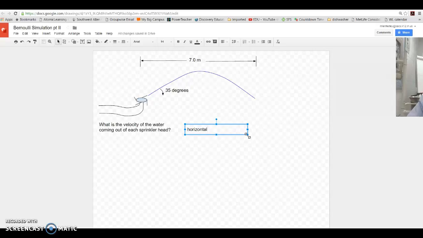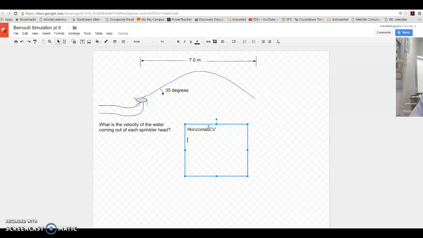Okay, so when we're looking at the horizontal motion, would that be constant velocity or constant acceleration horizontally? Hopefully you're saying, well, there's no force horizontal, so assuming there's no air resistance, that means it would be constant velocity model. So for horizontal, I'm going to put CV here.